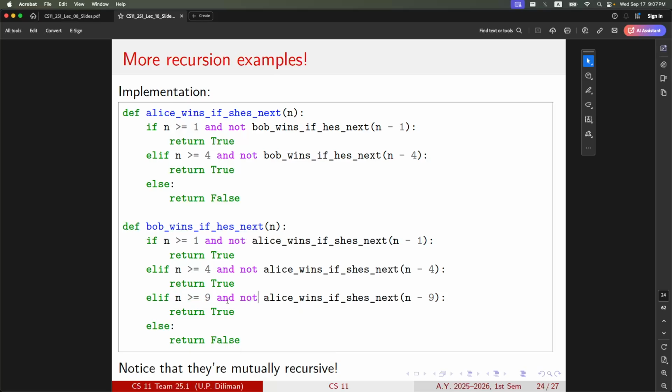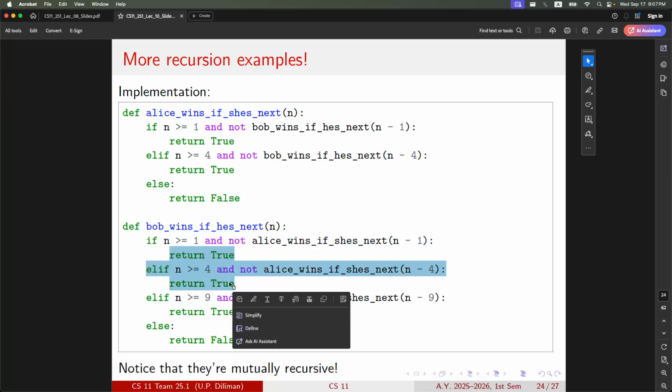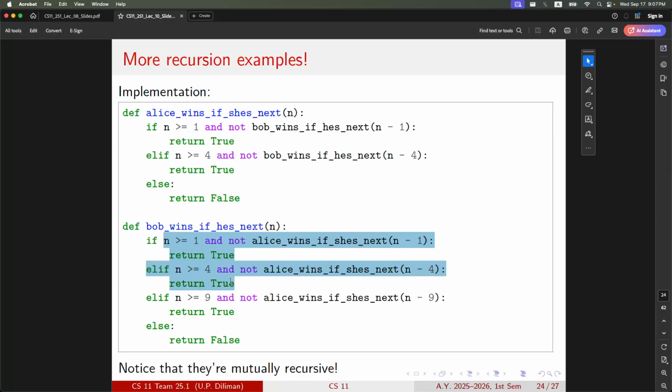Bob can take 9 stones, and so if these 2 moves don't translate to a win for Bob, then Bob will try taking 9 stones if possible. And if Alice loses with n minus 9 stones, then Bob wins. Otherwise, if Bob cannot win with any of these moves, then Bob loses.